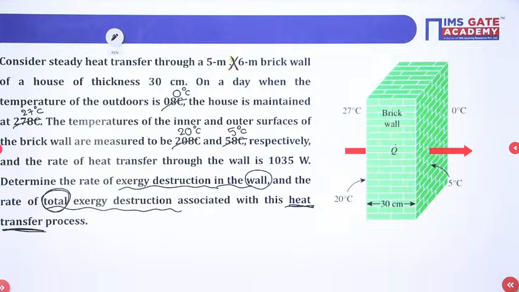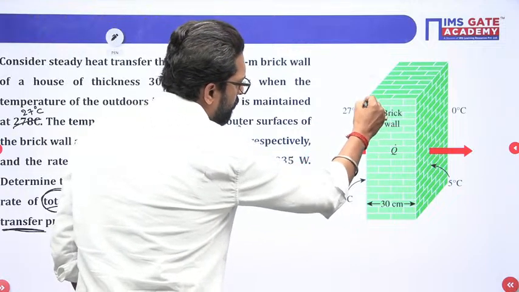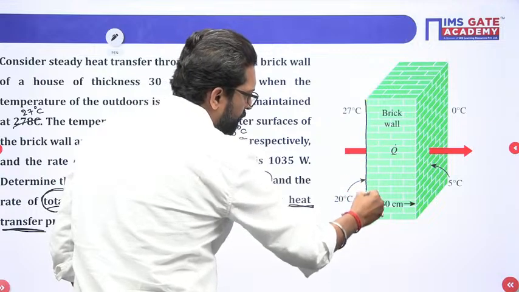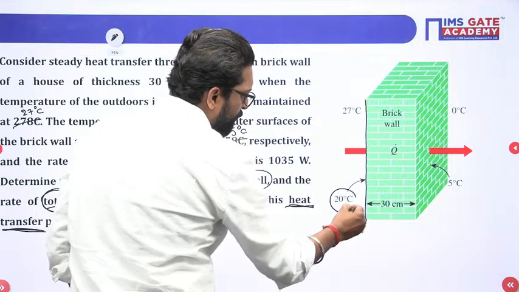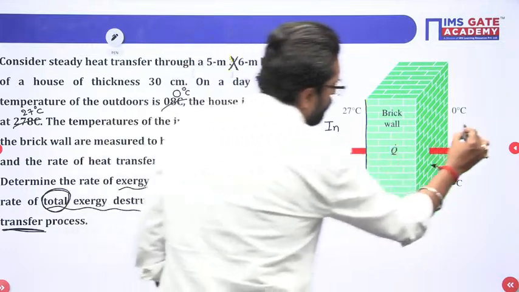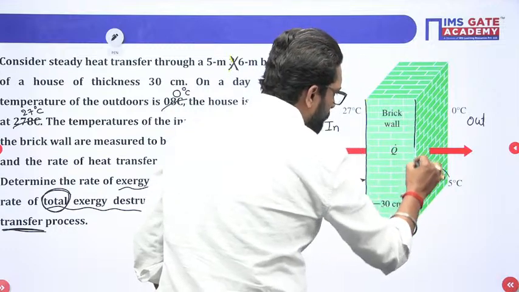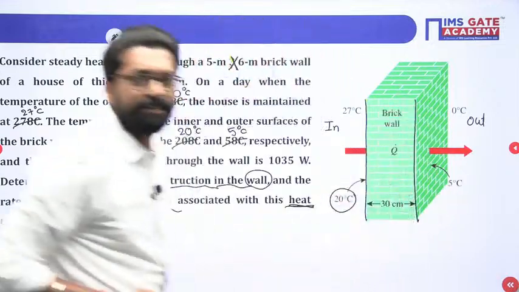So this is your one face, which is maintained at 20 degrees centigrade; this is your inner, and this is your outer face, which will maintain 5 degrees centigrade.